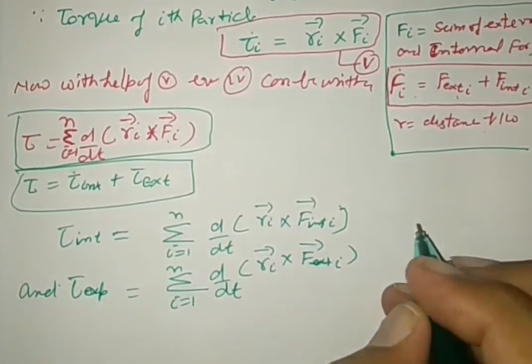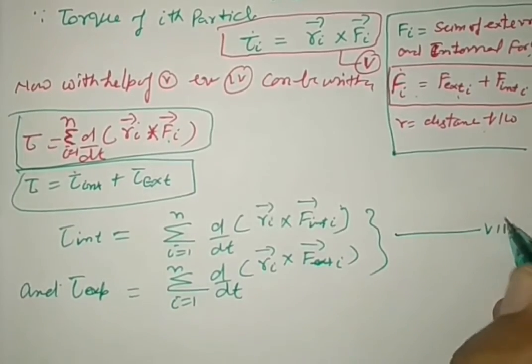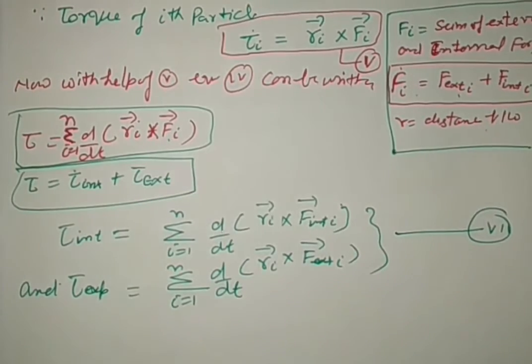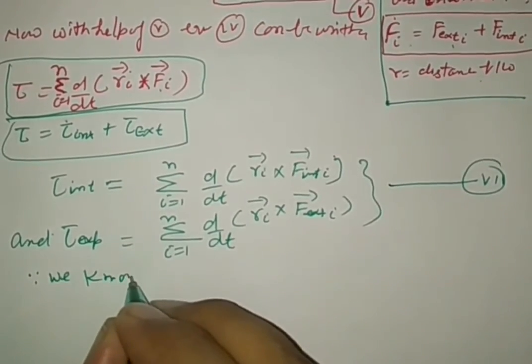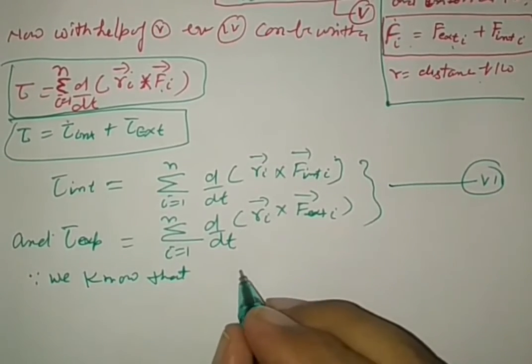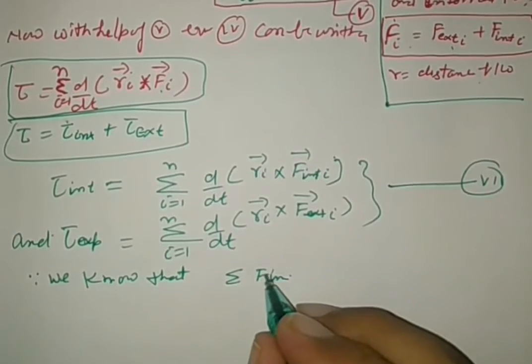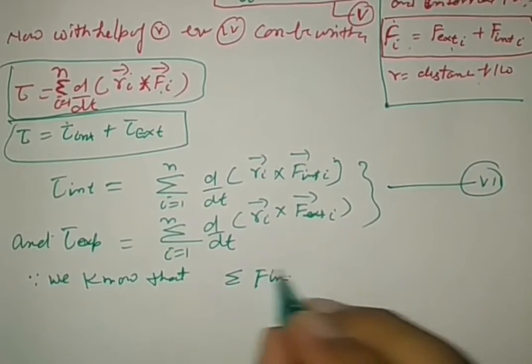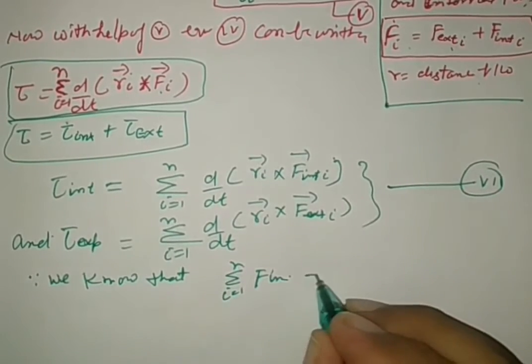See these equations here in next. Since we know that the summation of internal forces, sum i equal to 1 to n, acting on a rigid body is equal to 0.